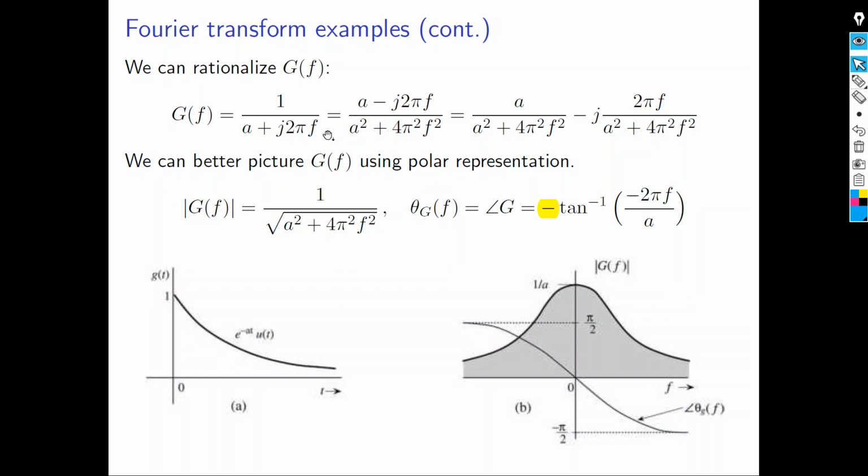So here, in this equation, we multiply the denominator by a minus j2πf so that you get everything squared, and here you divide it into two components, a over this minus j2πf over this, and then you can take the magnitude of G of f and then the phase of G of f. The magnitude is this function and the phase is this function.